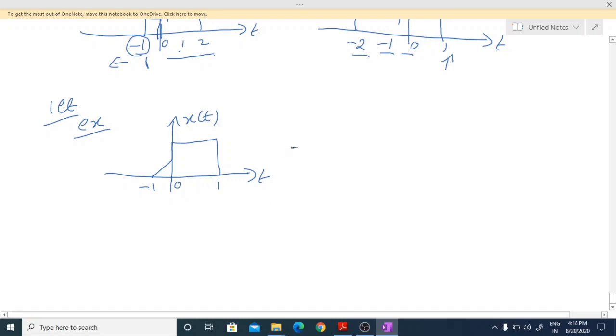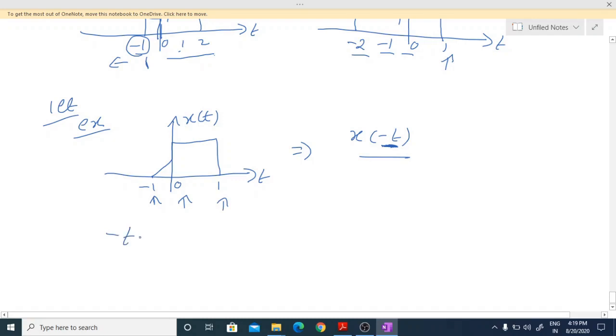If I apply the time reversing operation, how do we identify the time reversed signal? Just like the previous example, here also I equate the corresponding minus t with each and every t value of the input signal.